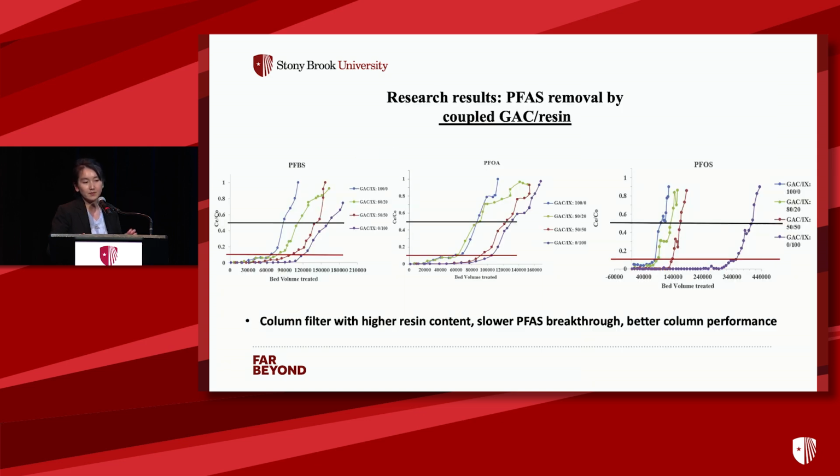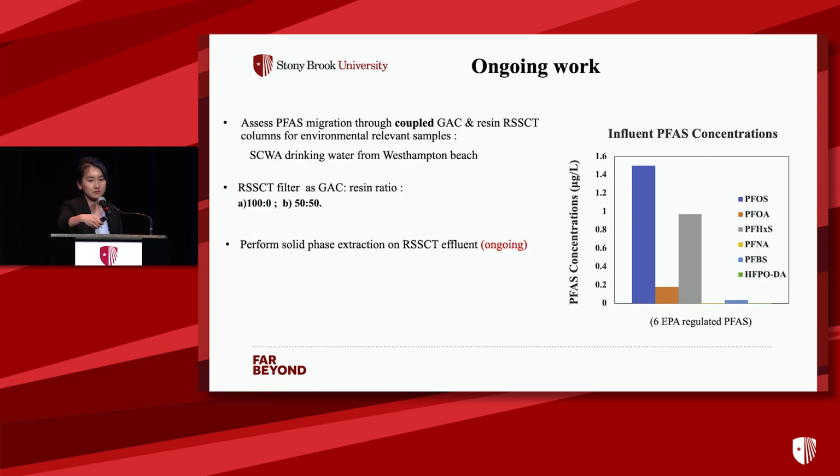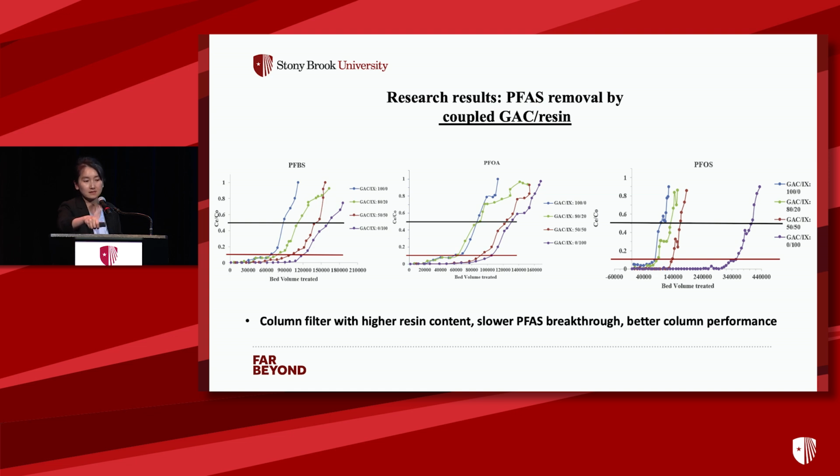And these are some preliminary results we obtained. From these preliminary results for PFBS, PFOA, and PFOS, we can see that as we increase the resin concentration, from the blue line, where the resin concentration is 0, gradually to the purple line, where the ion exchange composition is 100%, the green line is 20% ion exchange, and the red line is 50%.